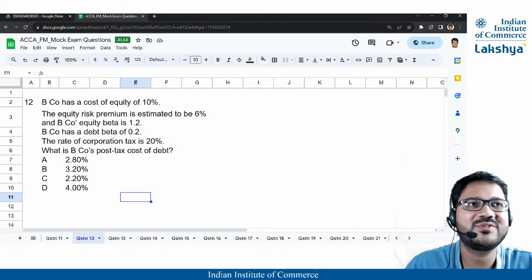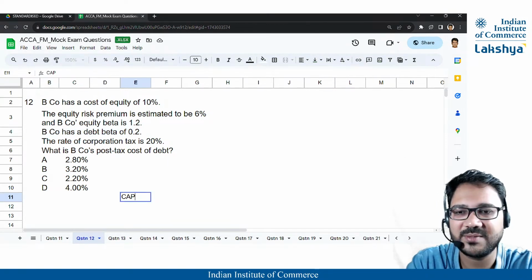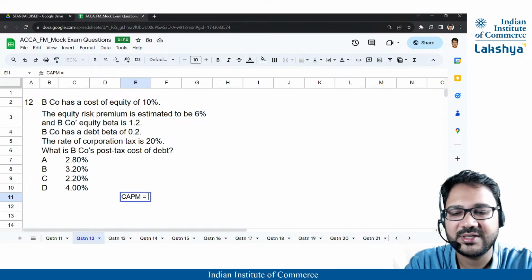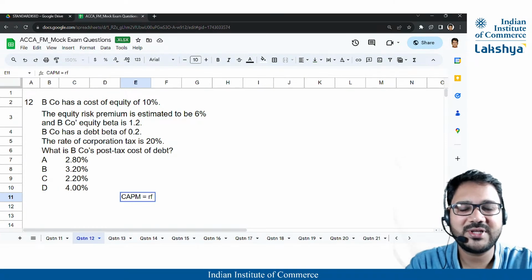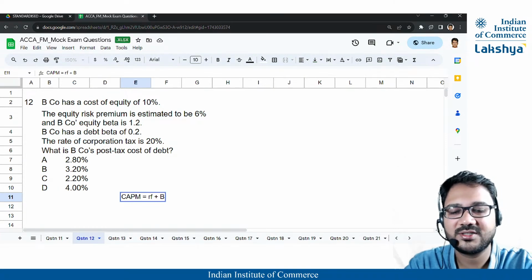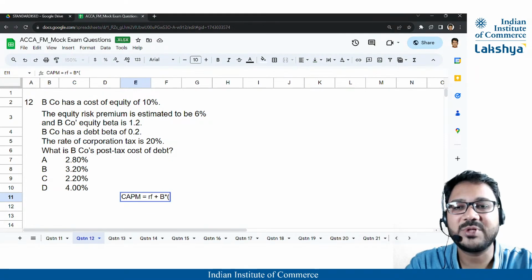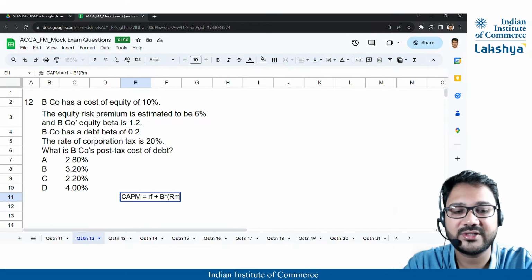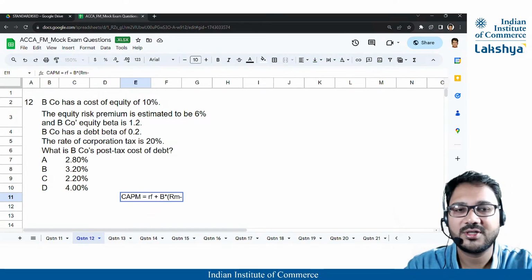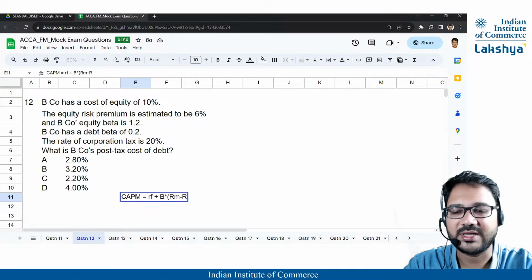You just have to use the CAPM formula. Do you remember it? Risk-free rate plus beta into the market premium. What is the market premium? The market return minus your risk-free rate.